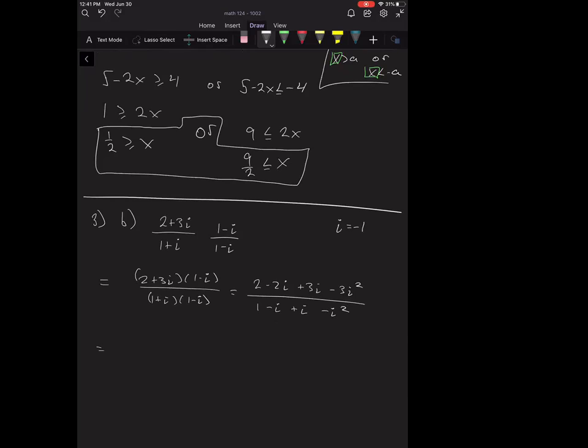On the top, we'll have 2 plus i minus 3 times minus 1. On the bottom, we'll have 1, then those i's in the middle cancel, minus minus 1. So on the top, we have 2 minus a negative 3, so 2 plus 3, which is 5, plus i. And on the bottom, we have 1 minus a minus 1, so 2.